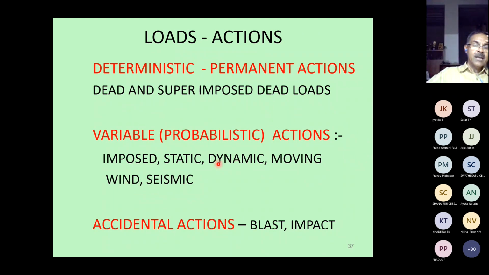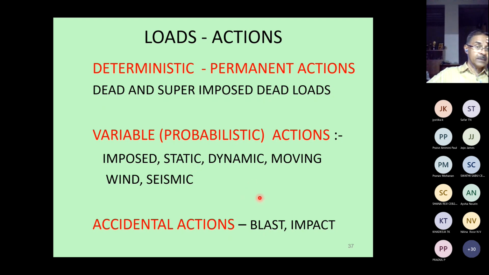All these things are not of a fixed magnitude. They are all calculated by theories of probability. That is, during the lifetime of a structure, which can be anticipated or estimated with different values of lifetime for different structures, what can be the probabilistic average loading acting on the structure? Based on that, we take the load.